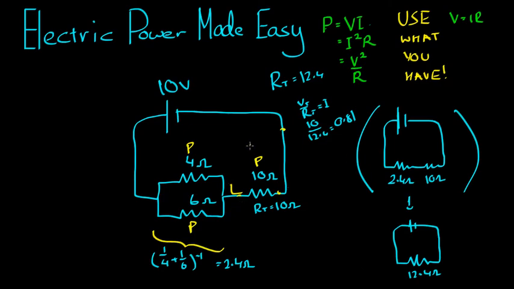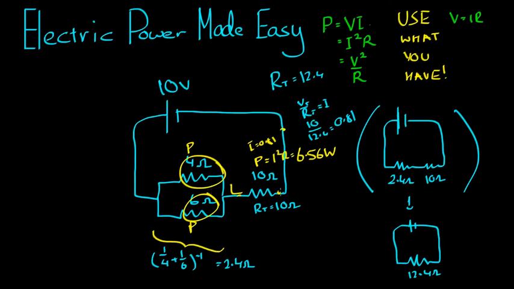Since we now know I equals 0.81, and we know the resistance here, we can apply the I squared R rule. That's 0.81 squared times 10, and I have that coming to 6.56 watts.